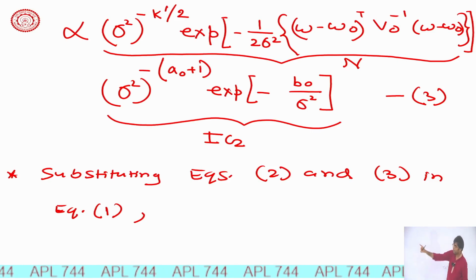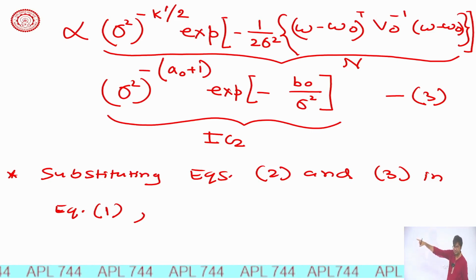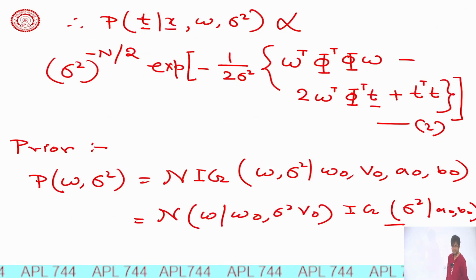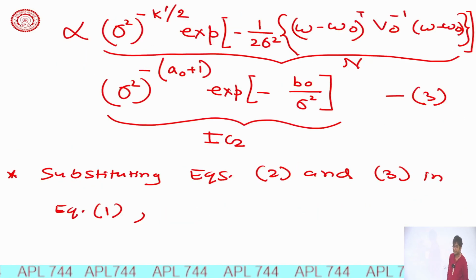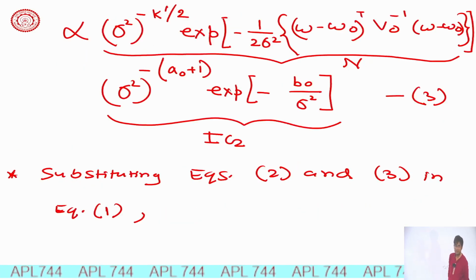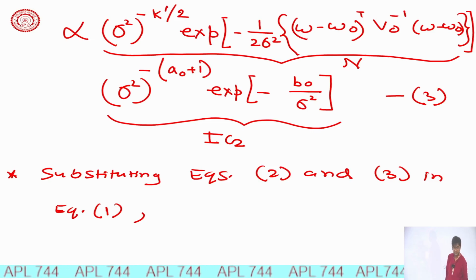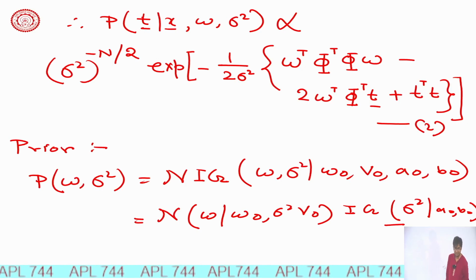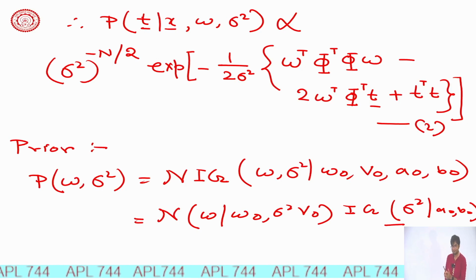Then there is sigma square to the power minus a naught plus 1 and sigma square to the power minus n by 2, right? Sigma square to the power minus a naught plus 1 in equation 3 and sigma square to the power minus n by 2. I will combine this.